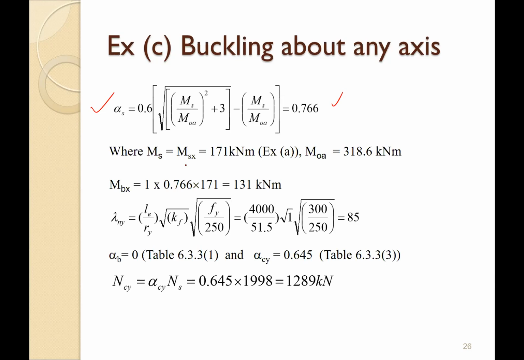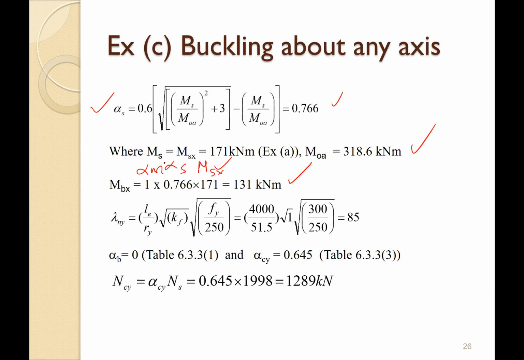So MSX is 171 kilonewton meter, already calculated. MOA we have got 318.6. MBX is this. You see, this is your alpha M, this is your alpha S, this is your MSX. So 131 kilonewton meter.